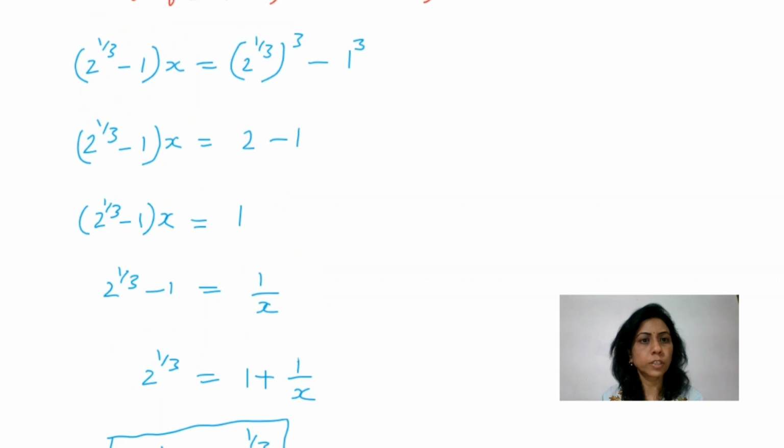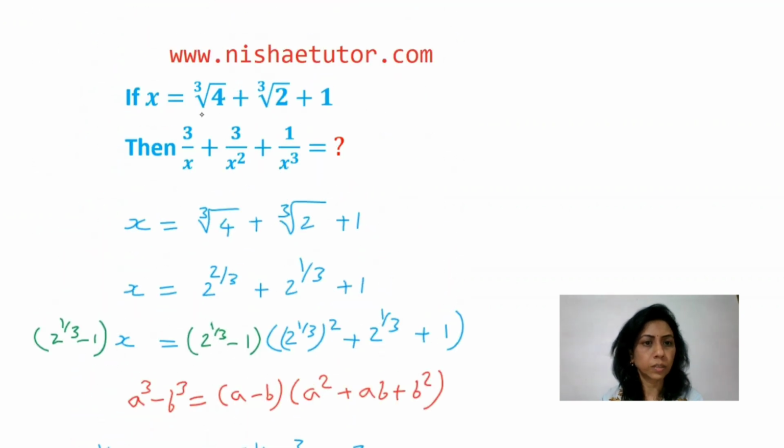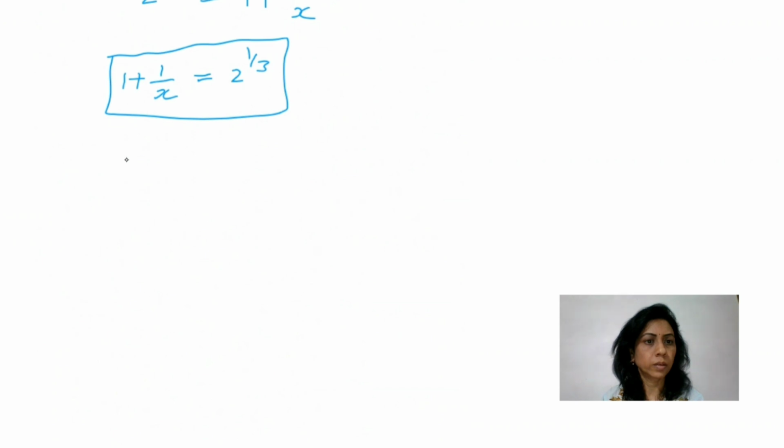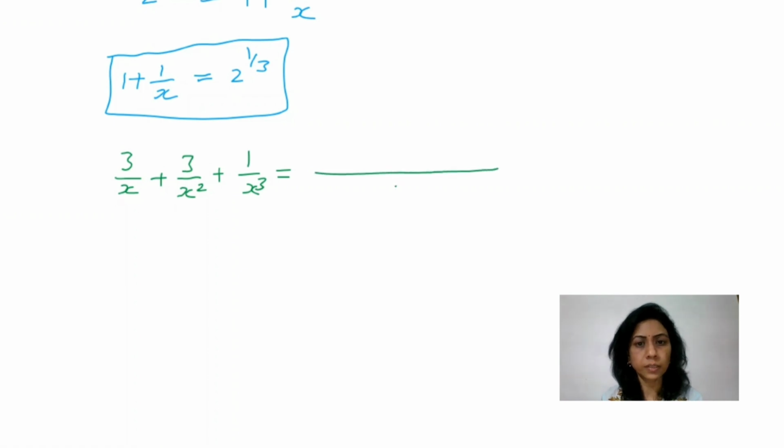Here the question is asking this part: 3 upon x plus 3 upon x square plus 1 upon x cube. So here the common denominator is x cube.